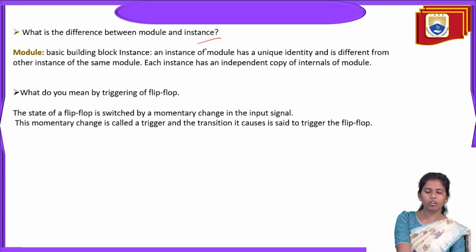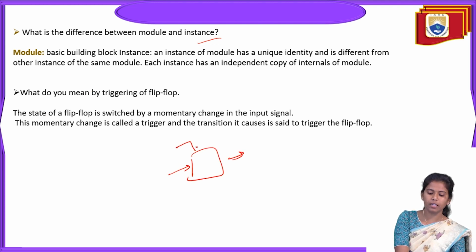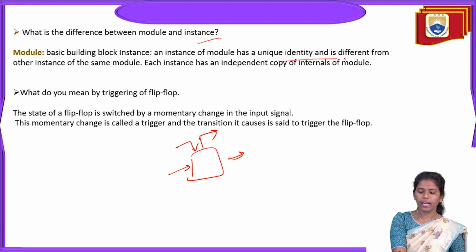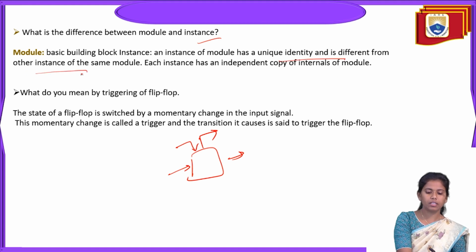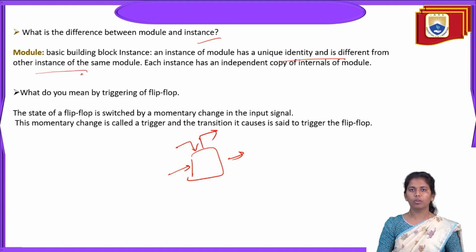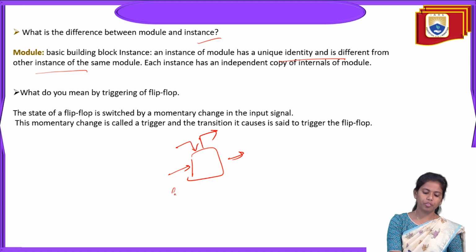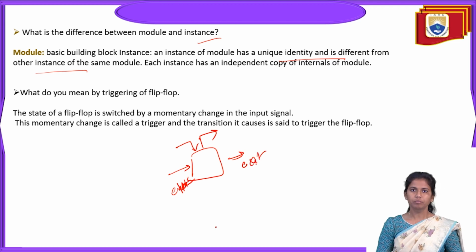And the difference between module and instance. What is a module? A module is a basic building block which has inputs, outputs and in-outs. Each module has a unique identity and differs from other instances of the same module. So we have exit and we have enter: we enter the inputs and we exit the outputs.